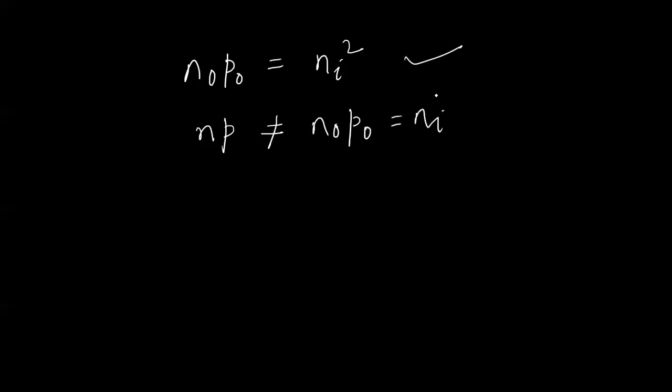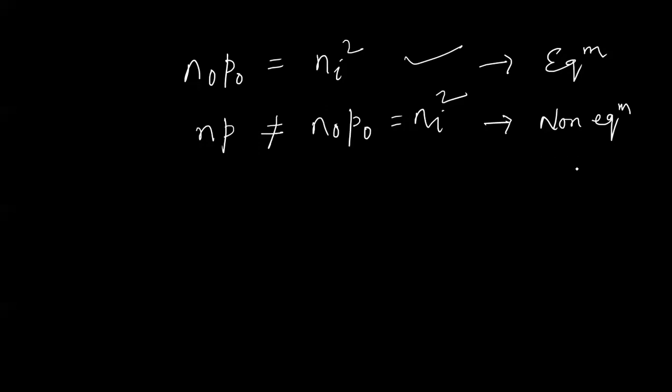Initially, in thermal equilibrium, N0 P0 must be equal to Ni square. But now the product of N and P will not be equal to Ni square, because N0 P0 equals Ni square is applicable only for thermal equilibrium. Here it is in non-equilibrium condition because you applied an external excitation, in the form of incident photons or applied voltage.